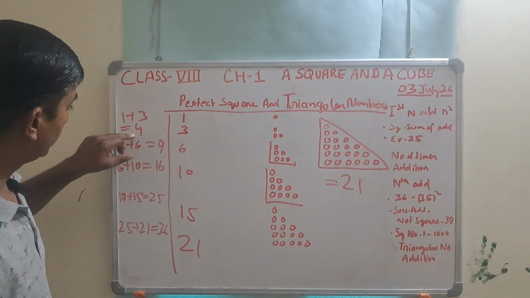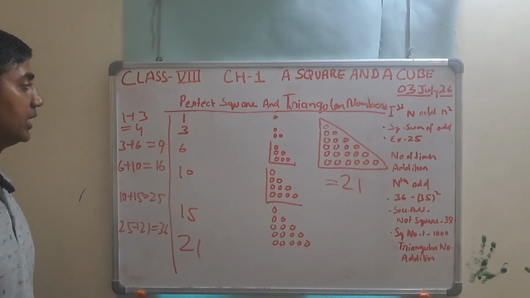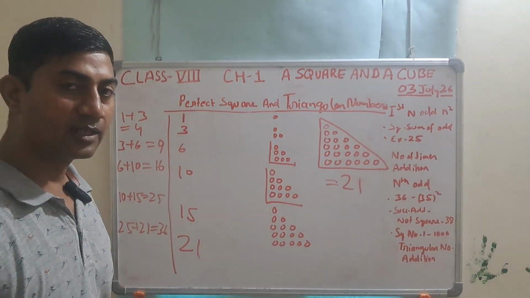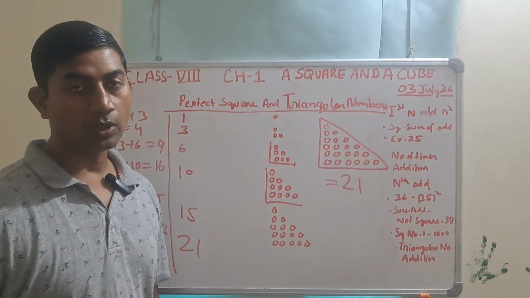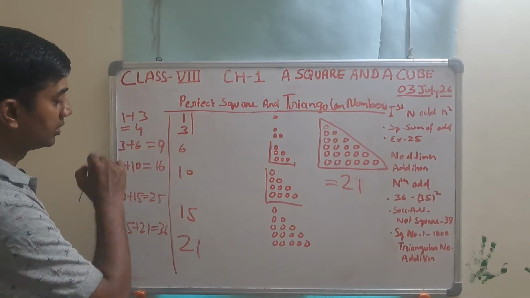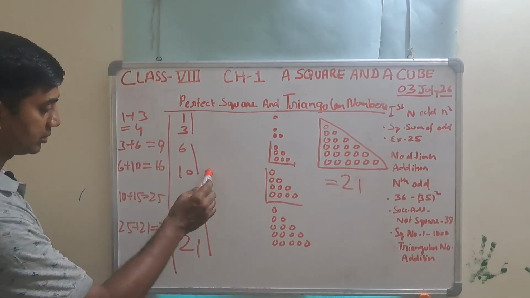And what are these numbers? 4, 9, 16, 25. These are perfect squares. What is the conclusion we have drawn? That addition of two consecutive triangular numbers will give you a perfect square.